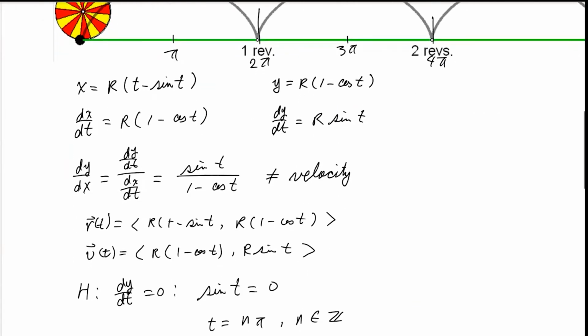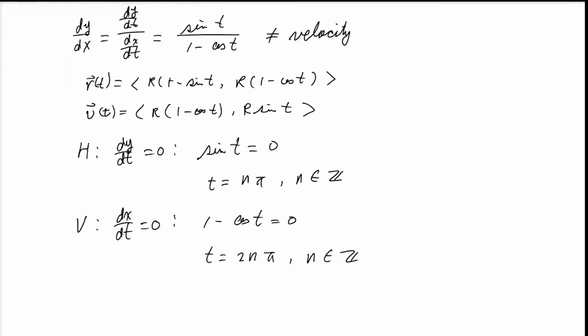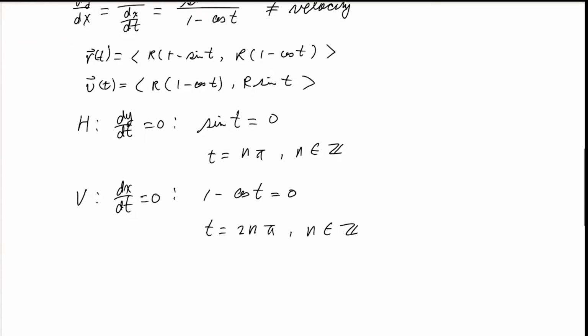How do we resolve this? Is it vertical or is it horizontal? Let's say 2 pi. That's the question. How do we figure this thing out? Because we have a conflicting answer.